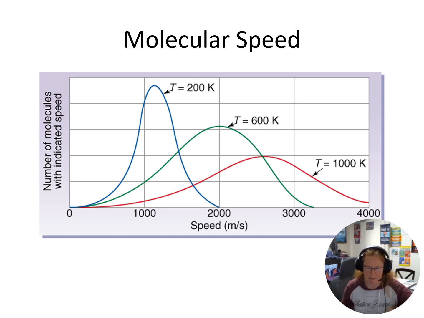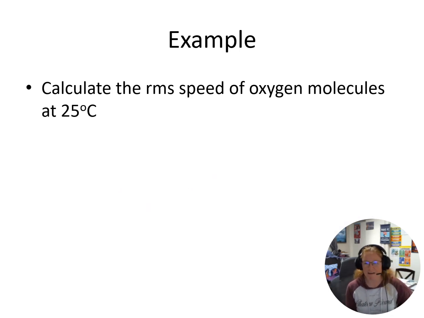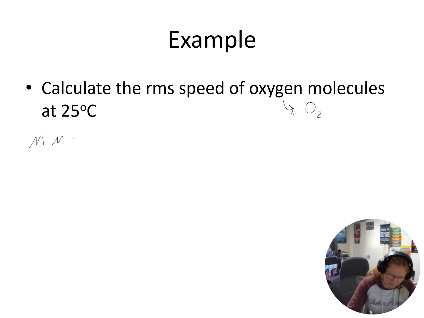Now, because we have some equations, we can do some more math. I've got oxygen molecules, and I want to know the root mean square speed of these oxygen molecules. We know oxygen exists as O2, so my molar mass of O2 is 32 grams per mole.